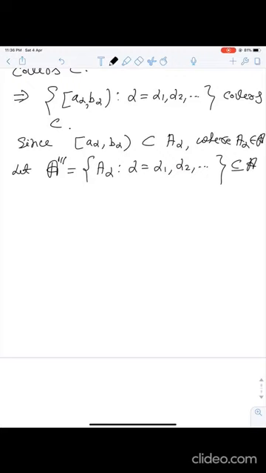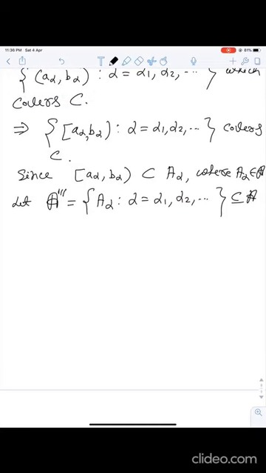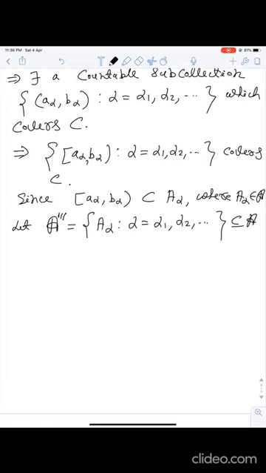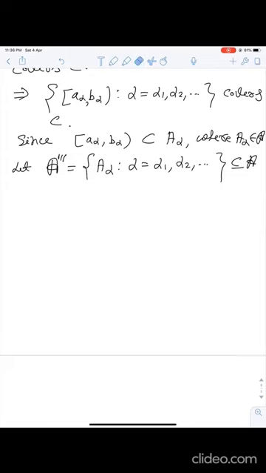Because each element of a triple dash is A alpha, and each A alpha contains that interval A alpha, B alpha, and this collection of open intervals covers C. That means a triple dash, which is a subset of script A, covers C, and this is a countable collection.